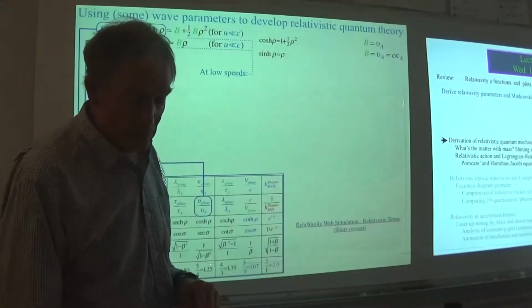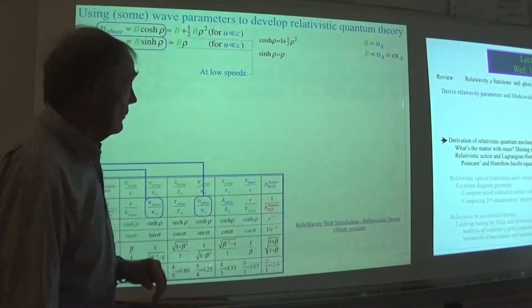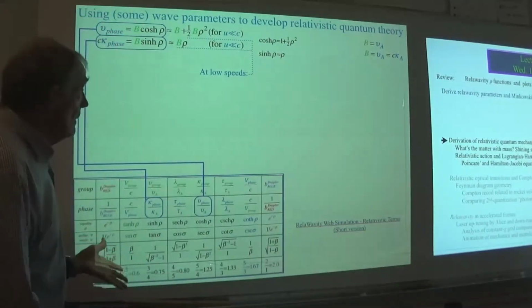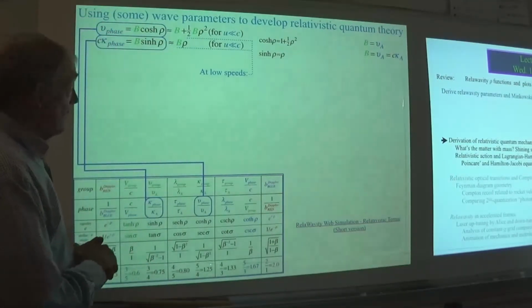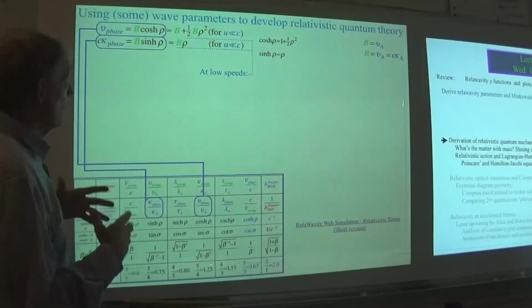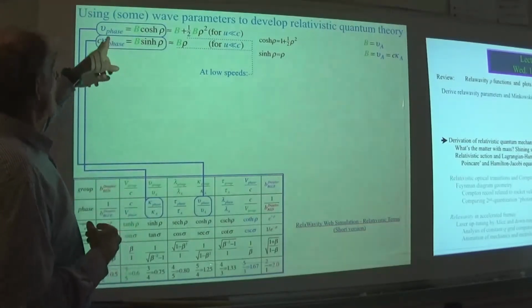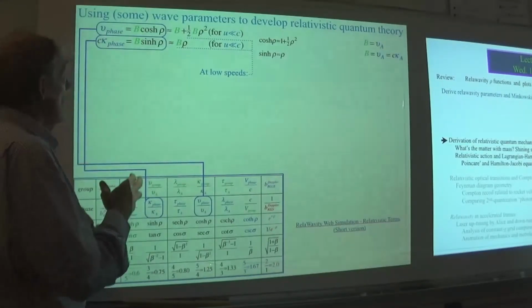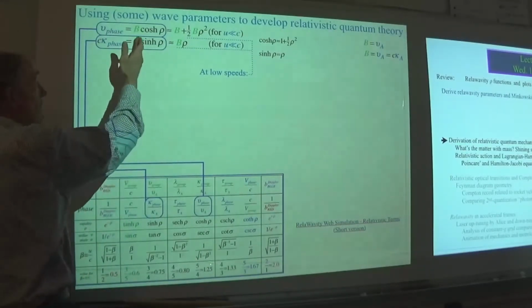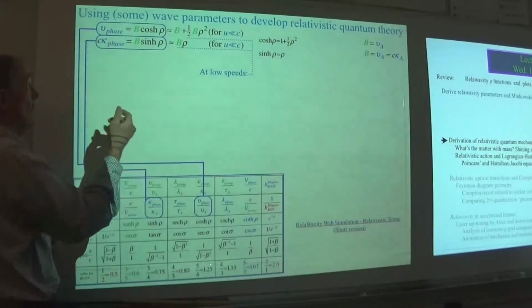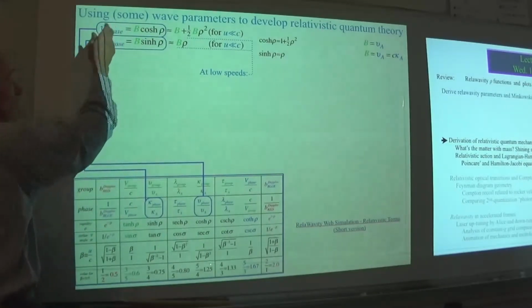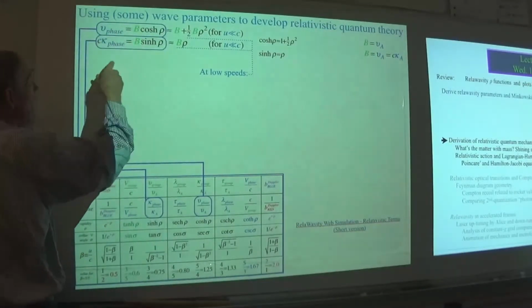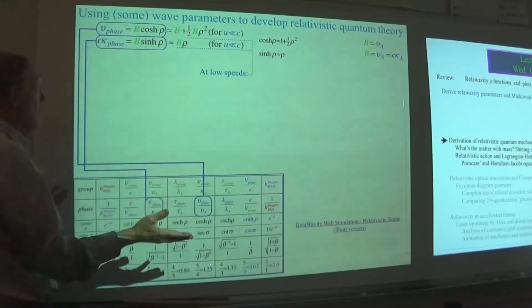Okay, so here is this table, but now I'd like to point out a couple of things about it that have to do with the mechanics. And this time we'll be talking about phase and kappa phase with something that allows us to make dimensional changes. This thing has a definite number of dimensions. This is inverse time, C kappa phase. That's also inverse time.